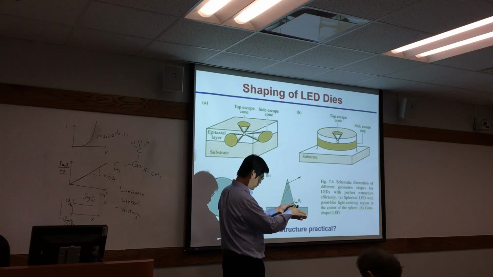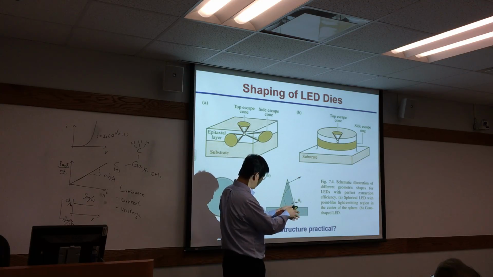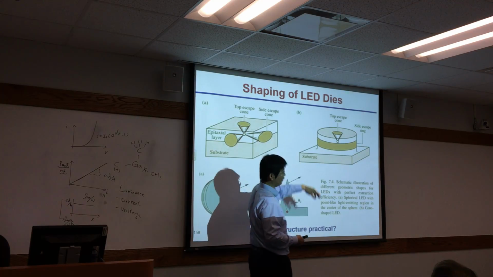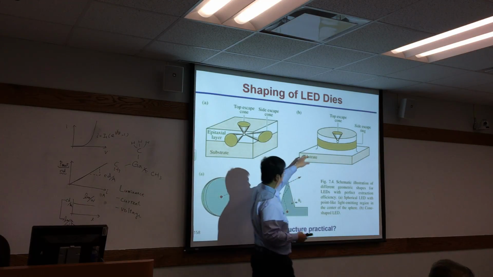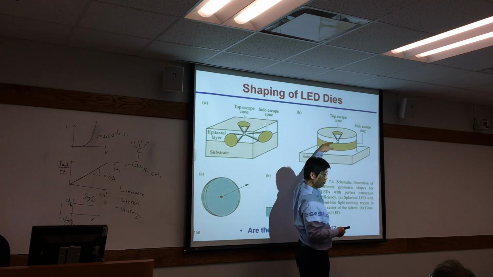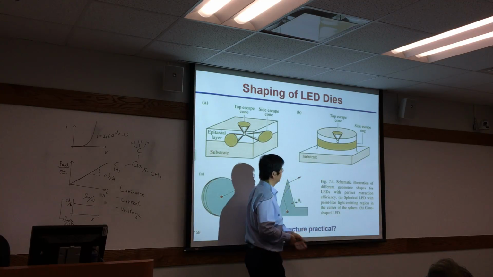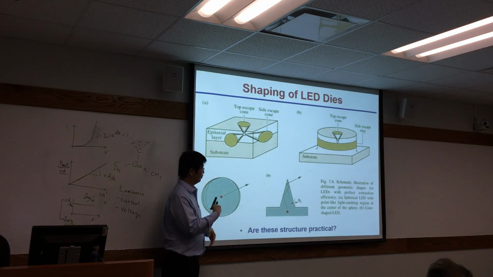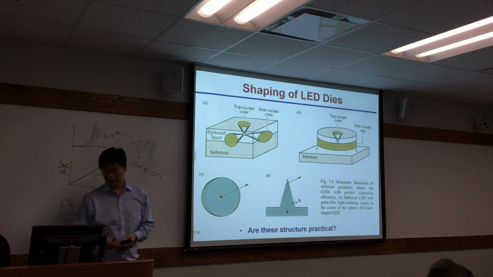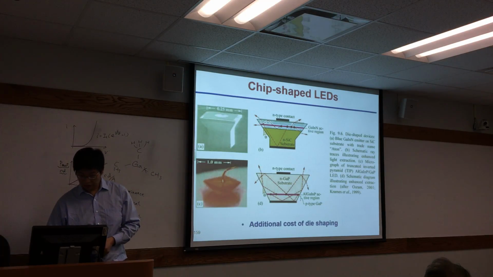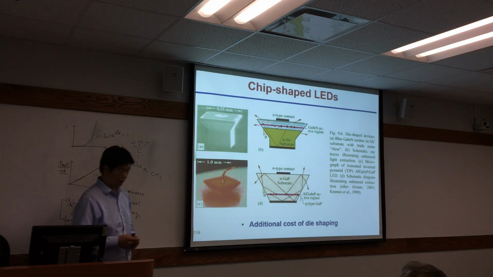Then we decrease width and length, like this or like that. Is that good? Yeah, it's good for light extraction, but remember that there's some discontinuity over here, so there are lots of defects. So that will increase the non-radiative recombination.